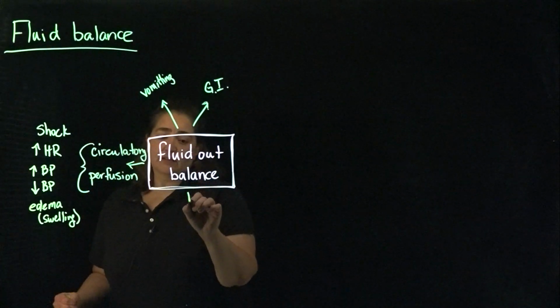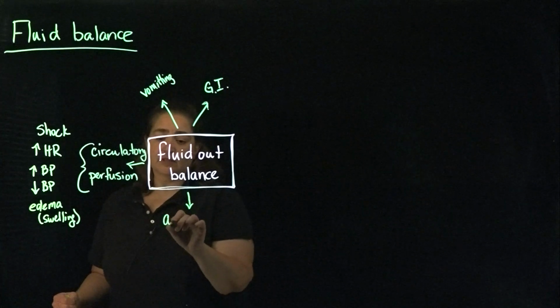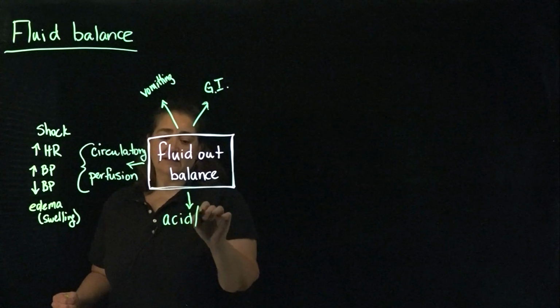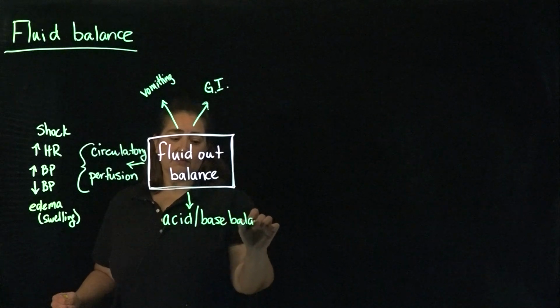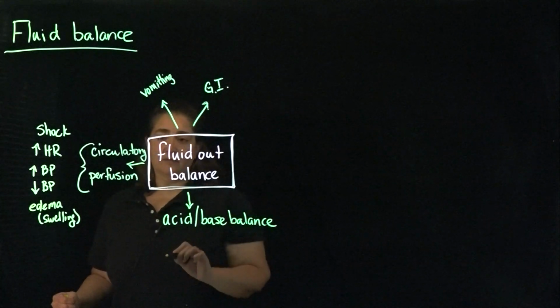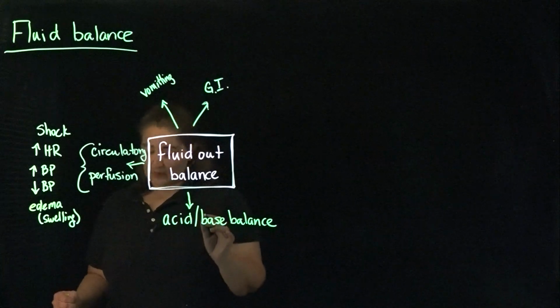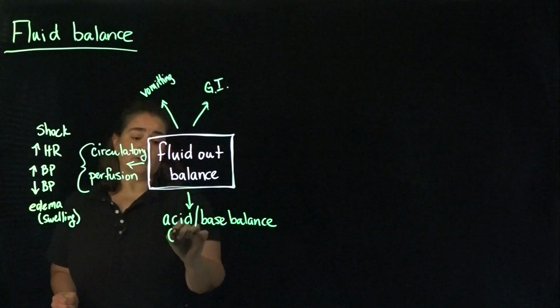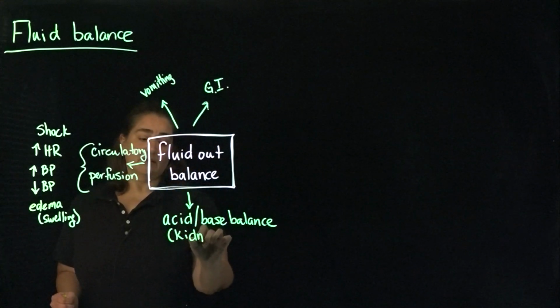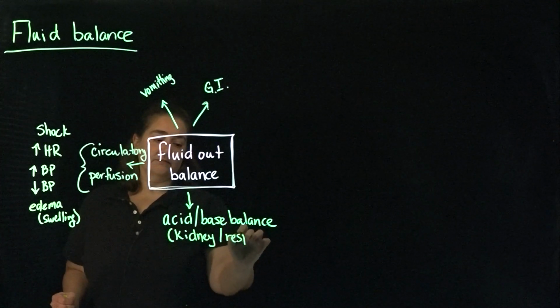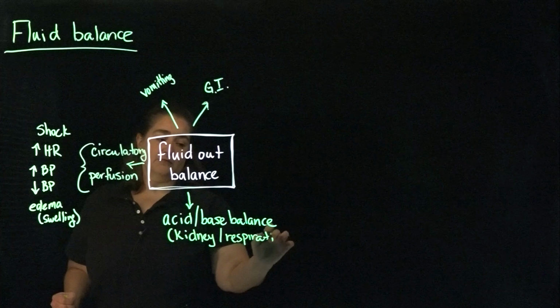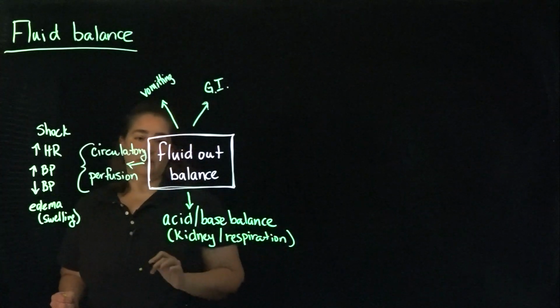Fluids being out of balance can also impact acid-base balance in the body, with that acid-base balance being primarily regulated by kidney and respiration.